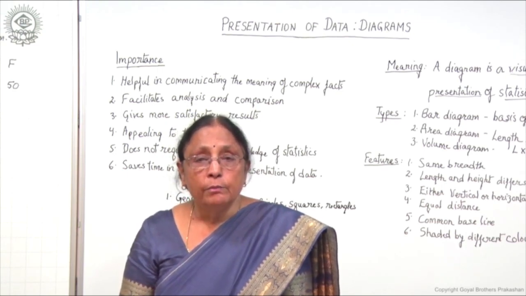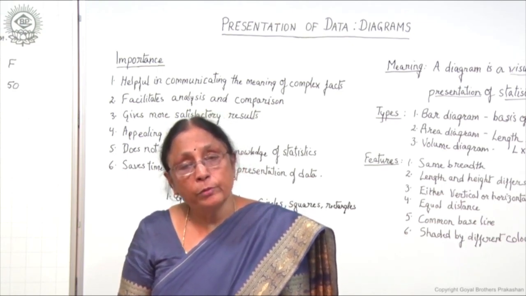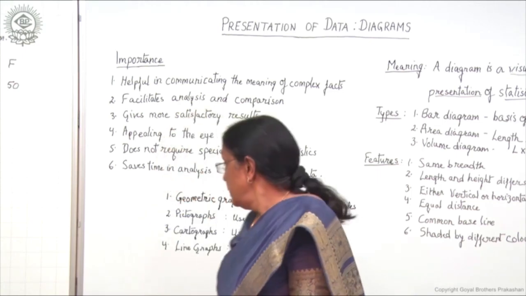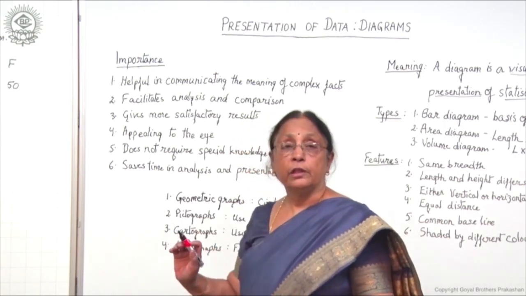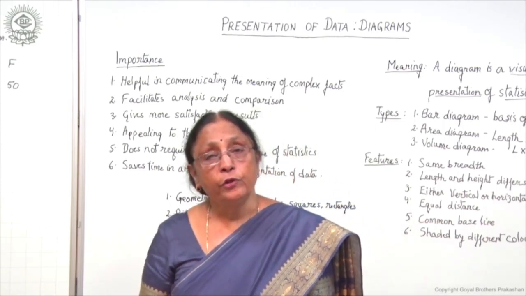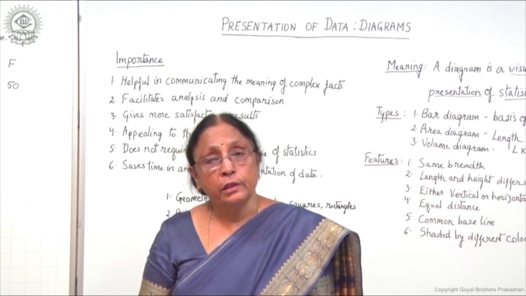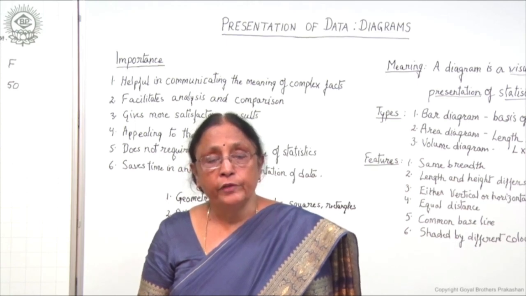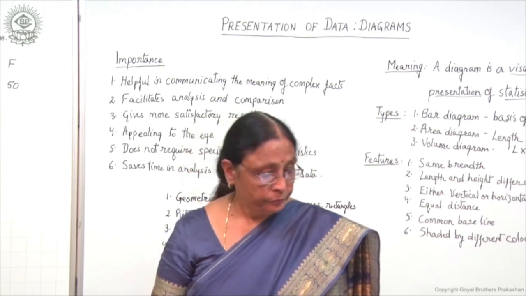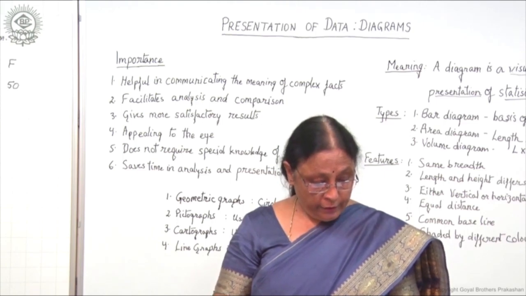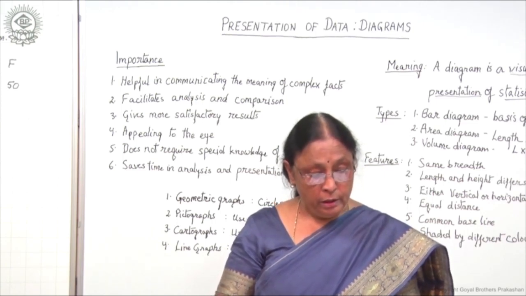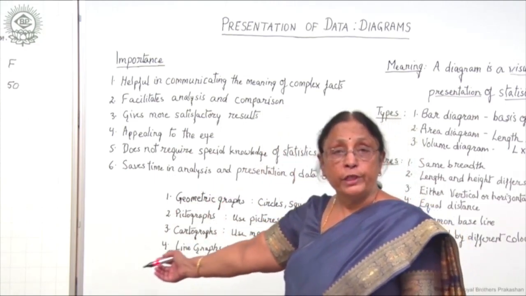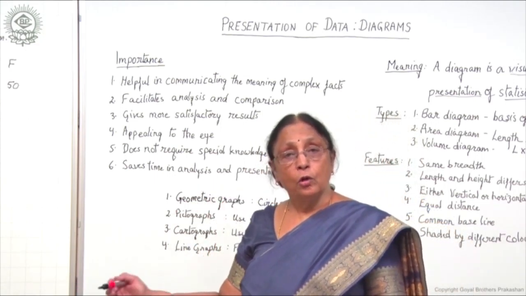Normally bar graphs are best suited for ungrouped data, and for grouped data we use the line graph, because here the frequency is given, then we draw the histogram, frequency curve, frequency polygon etc. with the help of line graph, that we will be doing in the next chapter. So, the choice of diagram is on the basis of the data, whether it is grouped or ungrouped.